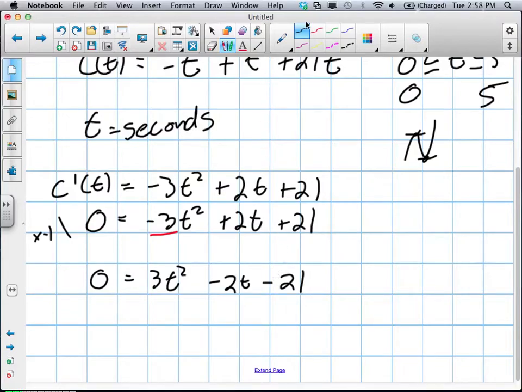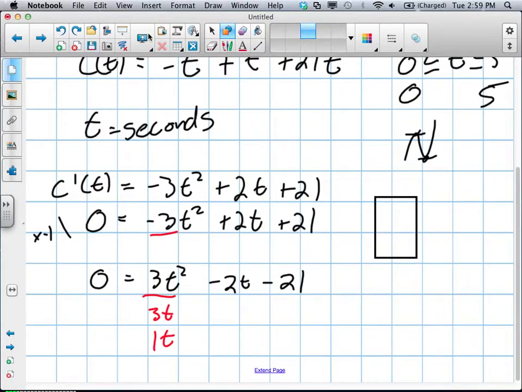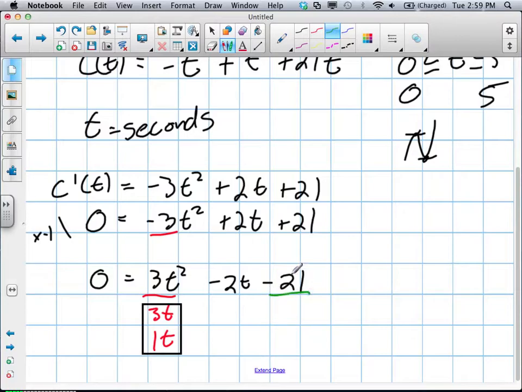When I factor, I find the factors of my first term. The only factors of 3t squared are 3t and 1t, which makes it easy. I set it up into a column. Then I find the factors of the last term, 21.